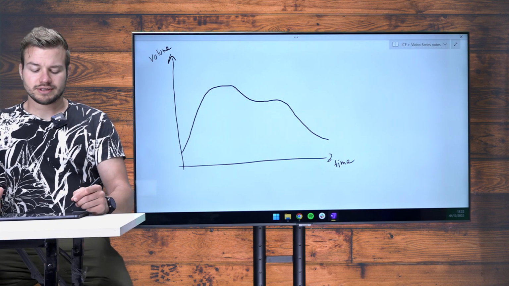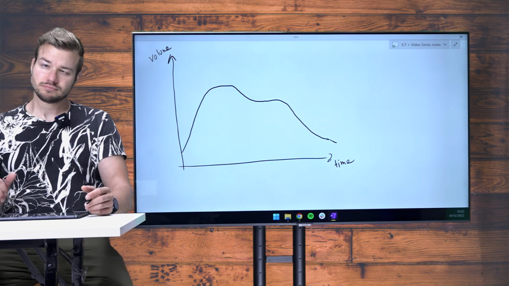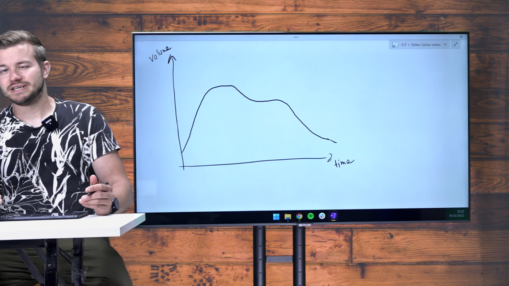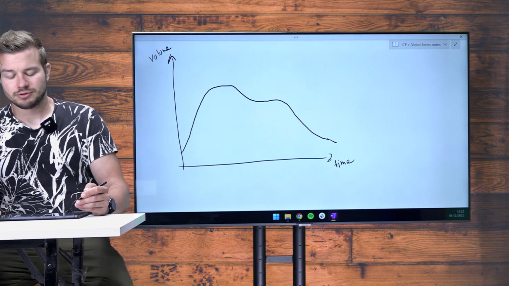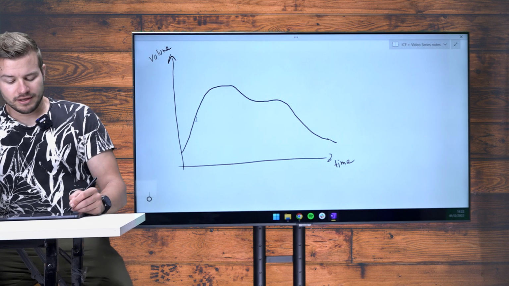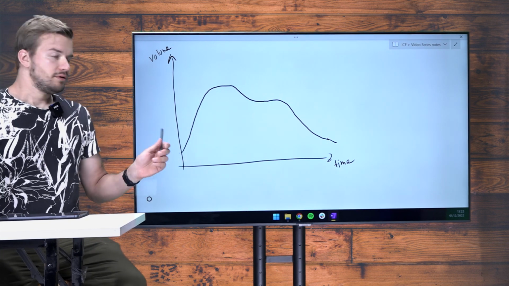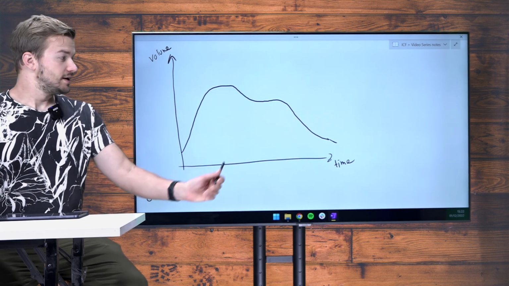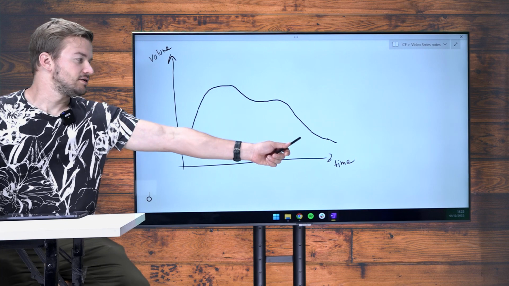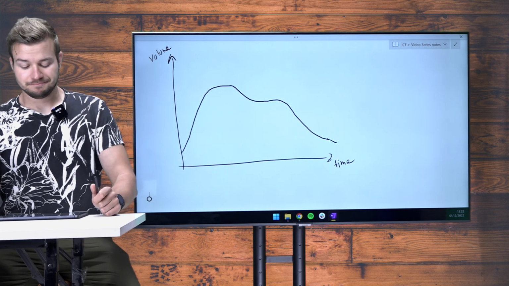So what is the issue with this volume curve here? It could be that other instruments are at some points louder than the person singing. So it could be that at the start here, people cannot hear the person sing because she sings too quiet. It could also be that they cannot hear her sing at the end here because it's just too quiet.